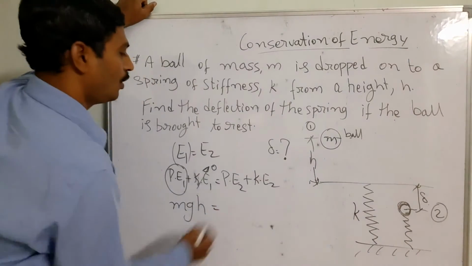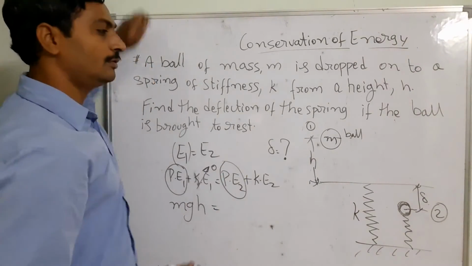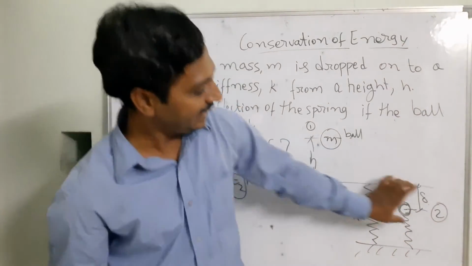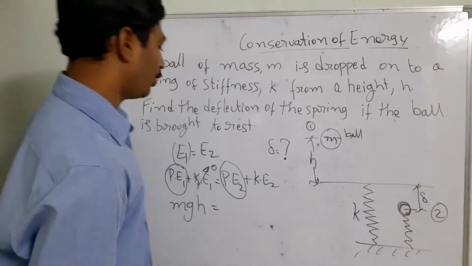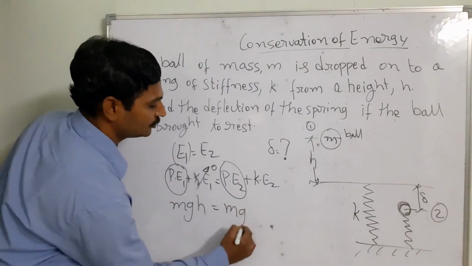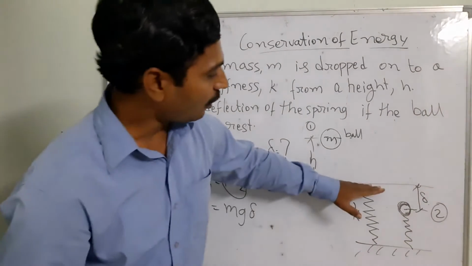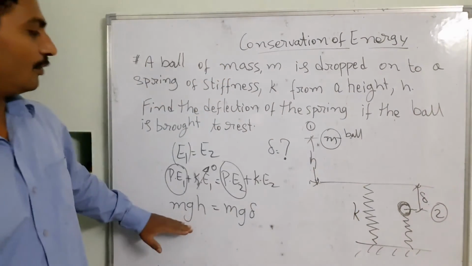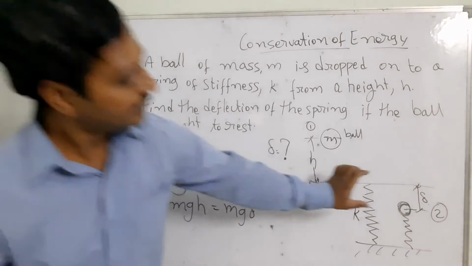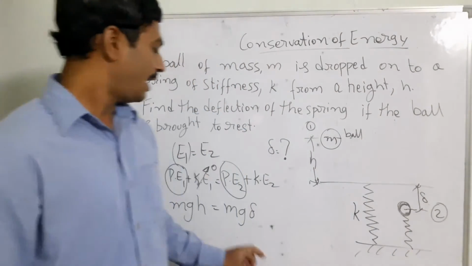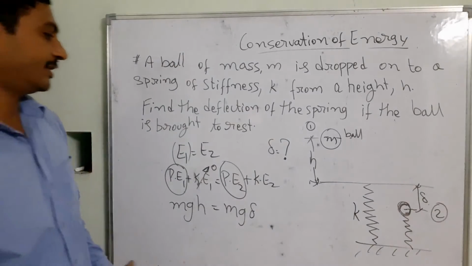That's equal to, what is the potential energy at position 2? Can you see? This is the reference, and it has the deflection. That is going to be mg del at position 2. At position 2, this is the deflection of the spring, that possesses the potential energy.